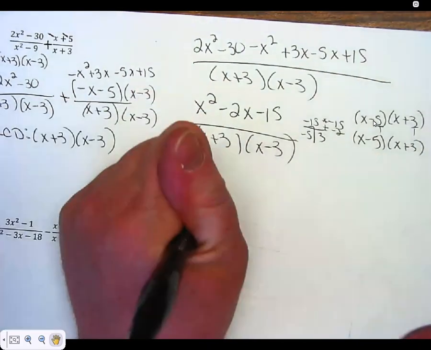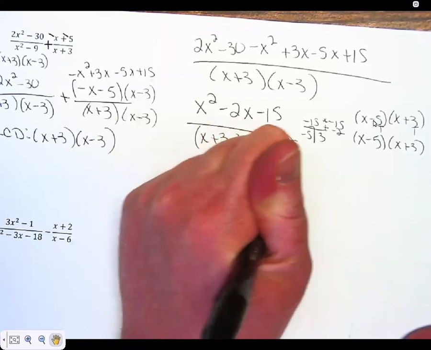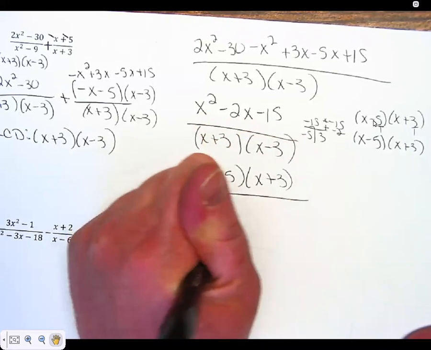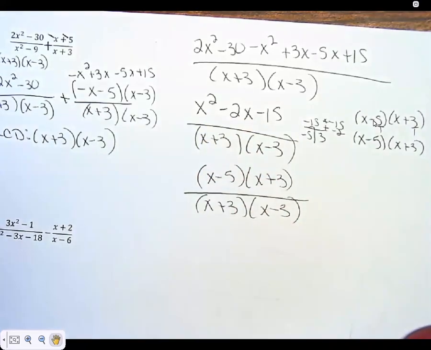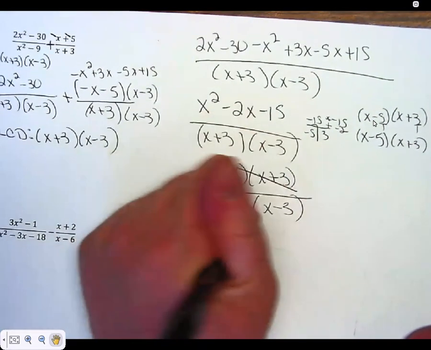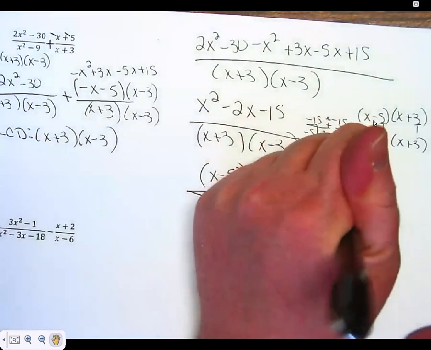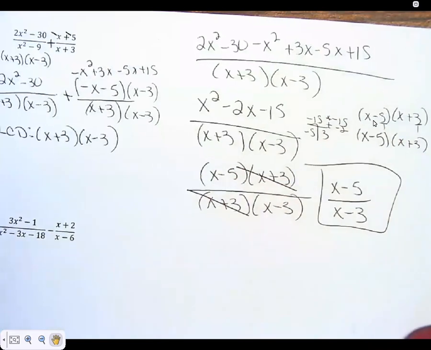So then really you're looking at x minus 5 and x plus 3 over x plus 3, x minus 3. Looking to simplify, the x plus 3's match. So then on top you're left with x minus 5, on the bottom you're left with x minus 3, and that is your difference.